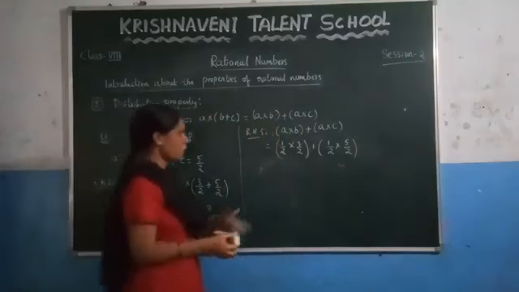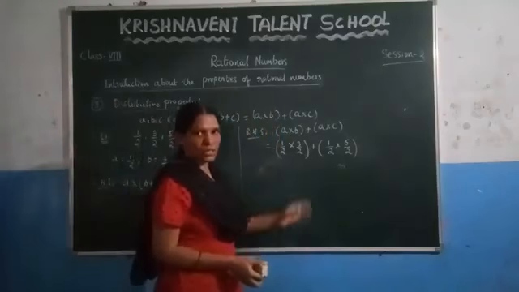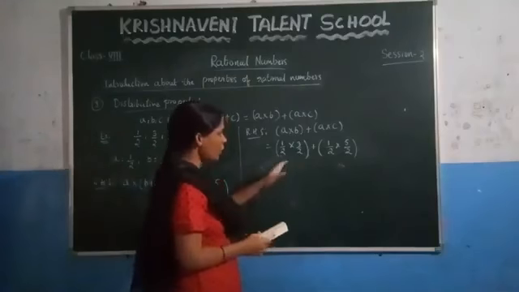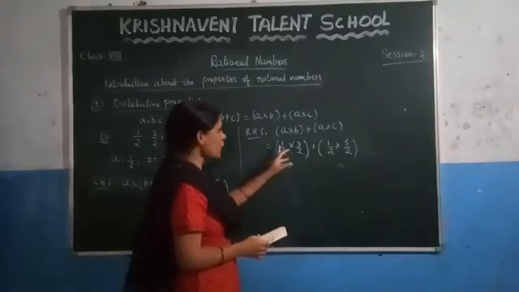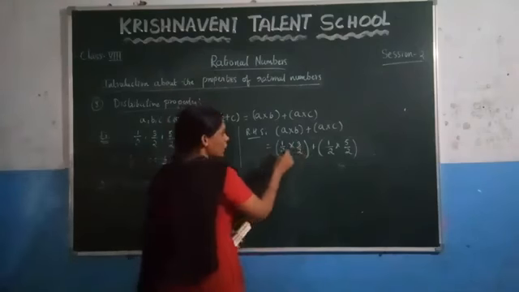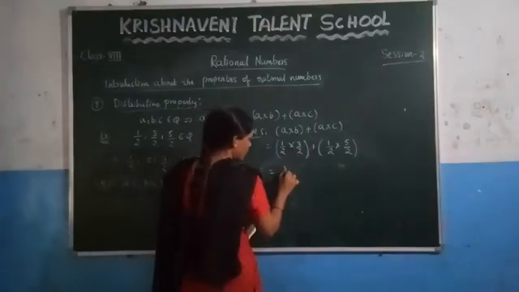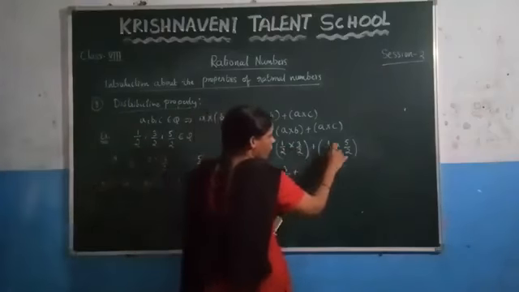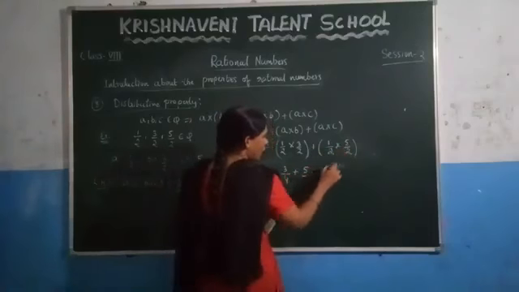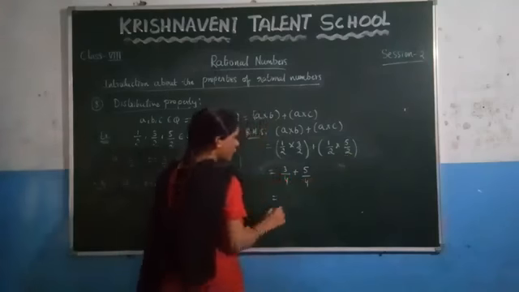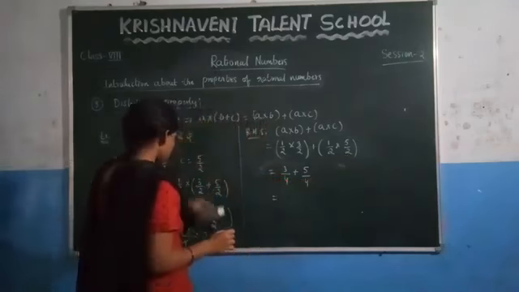How do you solve? Again, first you have to solve what is there in the brackets first. So, here, we are multiplying two fractions. How do you multiply two fractions? Just you have to multiply the numerator and you have to multiply the denominator. So, what you will get here? 1 into 3, which is 3. 2 into 2, which is 4. Now, solve this one. 1 into 5, which is 5, and after that 2 into 2, which is 4.